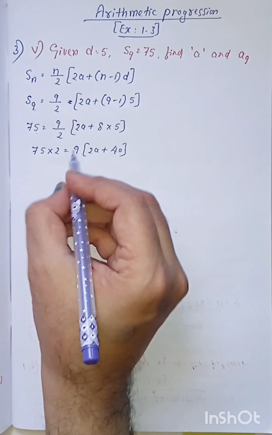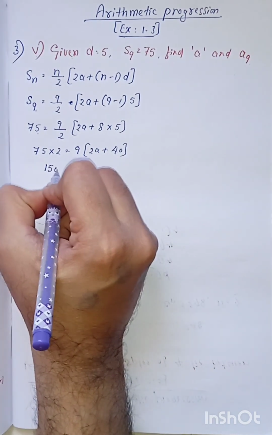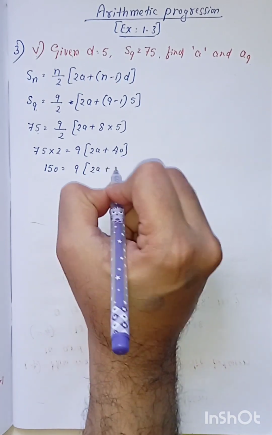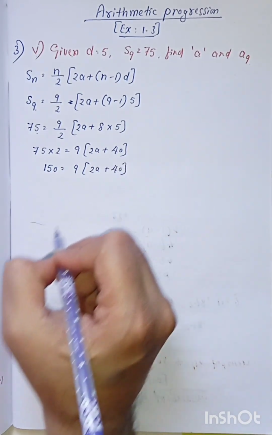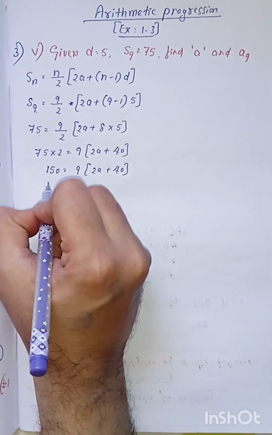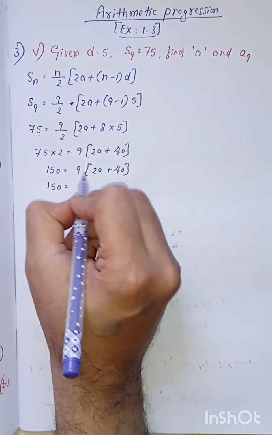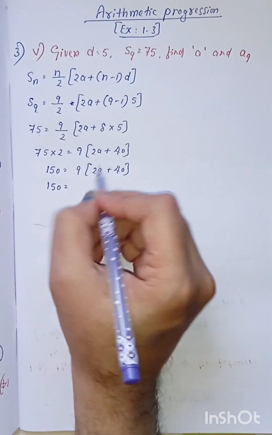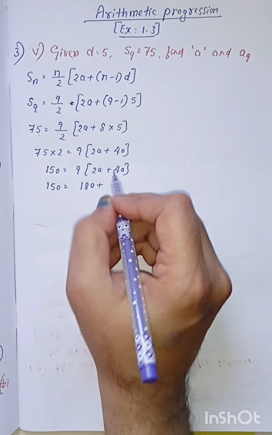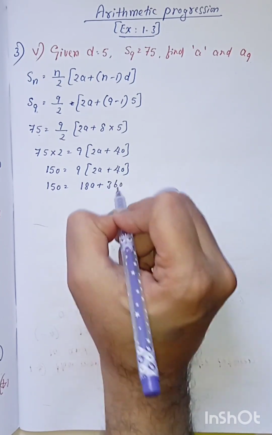Now 75 into 2 is 150 equals 9 into 2a plus 40. In the next step, 150 equals 9 into 2a, that is 9 times 2 is 18a plus 9 times 4 is 36, it means 360.